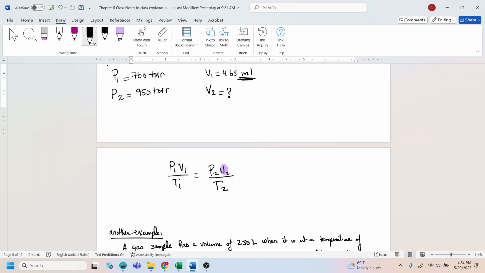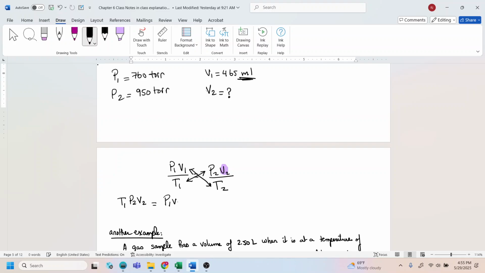So what we can do over here, as we did earlier, is cross multiply. We're going to come up with another equation that says T1 P2 V2 is equal to T2 P1 V1. No need to memorize.